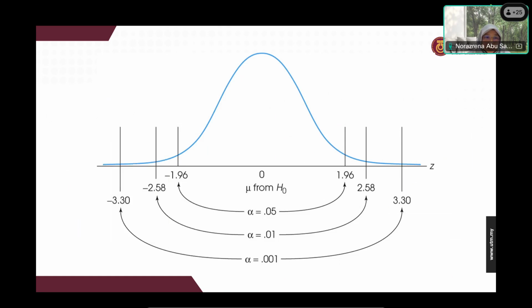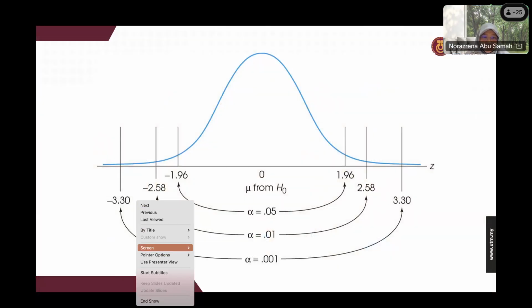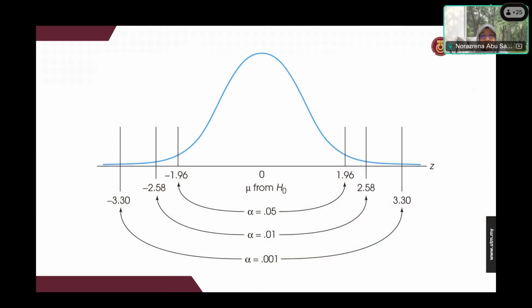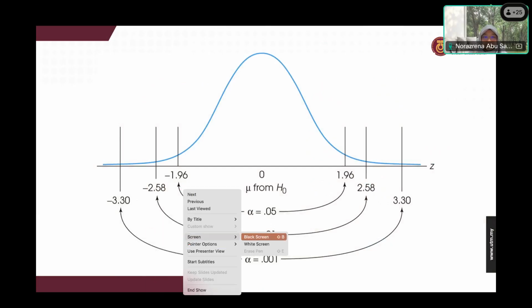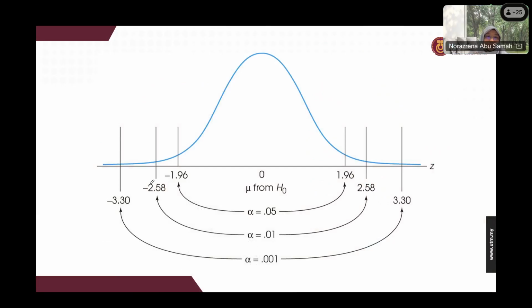Okay, so here the value under the graph is 2.5%, and here is 2.5%. 2.5 on the right plus 2.5 on the left will yield 5%. So this is the value that we refer to.